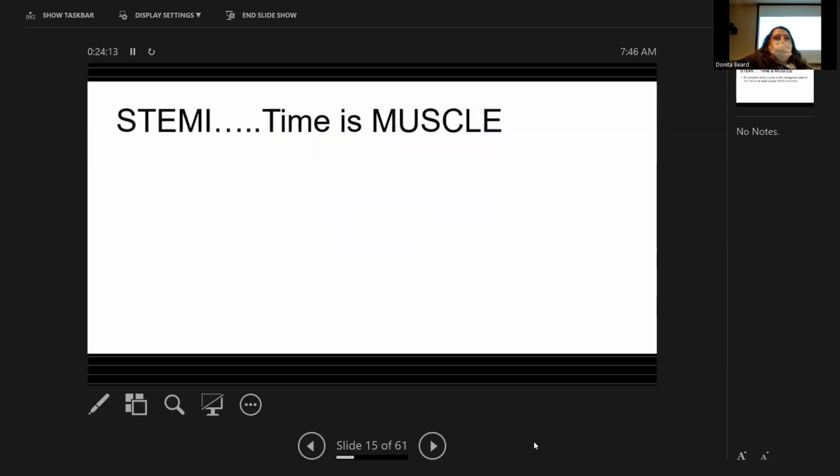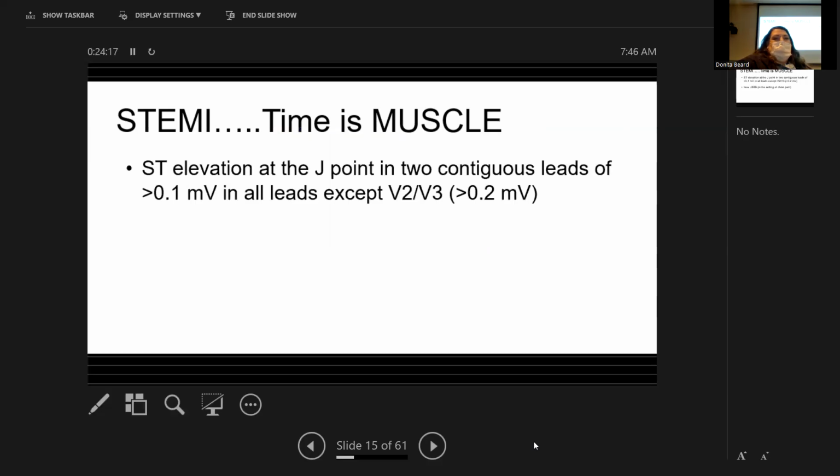So in STEMI, time is muscle. That is why everybody goes to the cath lab. When you're looking at criteria for a STEMI, you want to see at least 1 millimeter of ST elevation in all leads except V2 and V3.